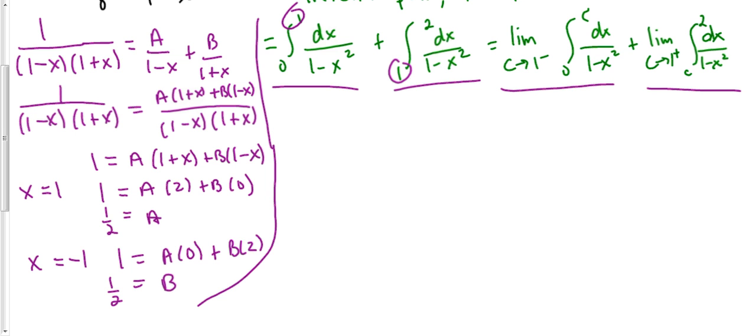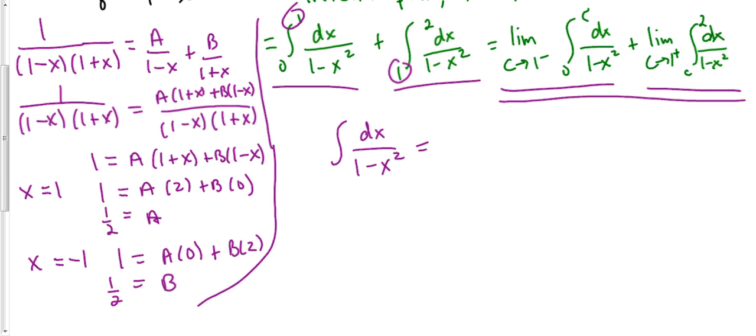Now I'm ready to start evaluating my integrals, but for this problem I'd like to just evaluate the integral of dx over 1 minus x squared and get it to the point where I want to substitute in my limits of integration, and then I can go back to my specific integrals and their limits up here.